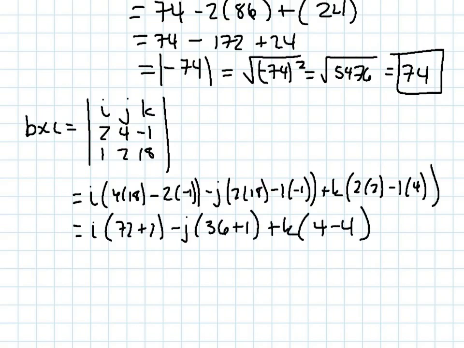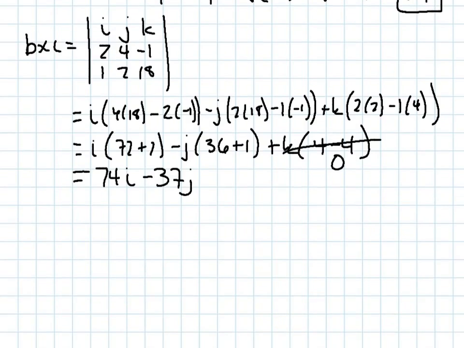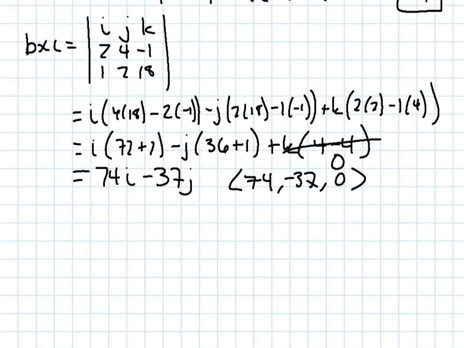Okay? So here I get 74i, and I get a negative 37j, but then I get 0 here, so I have no k. So then my vector is just 74, negative 37, 0. Either way is the correct way of writing it.